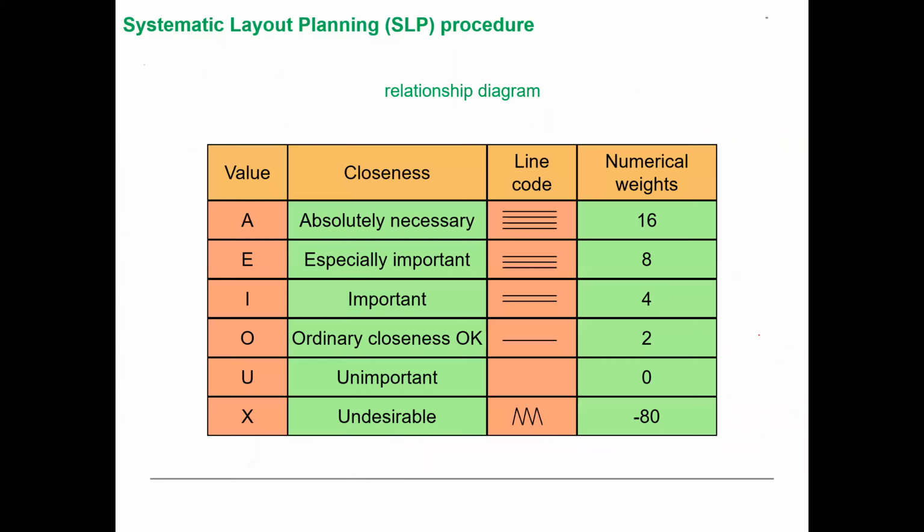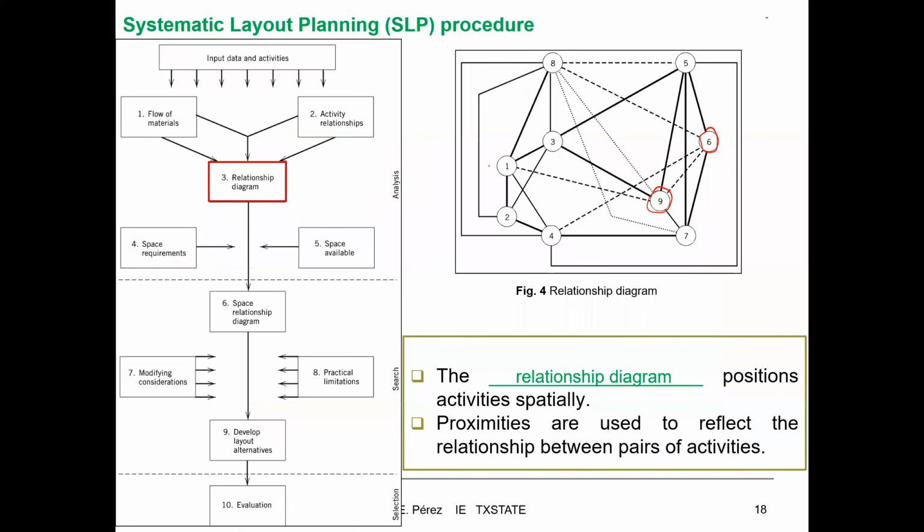So for instance, there's a line code here associated with the values of the letters of the relationship diagram. As we discussed, this is the meaning of the letters, and then we can have a line code associated with it that we can use in this relationship diagram.